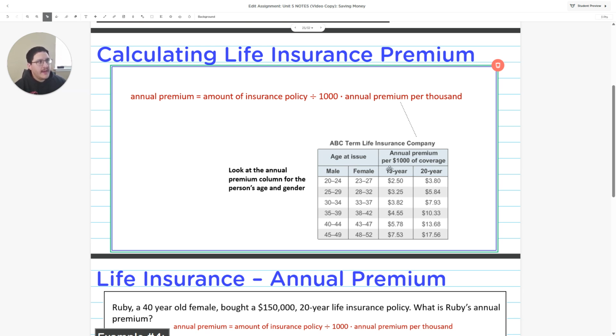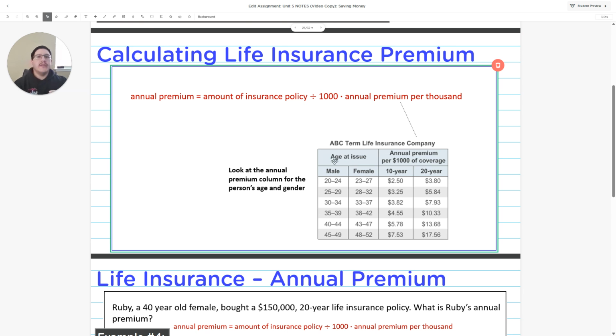We also have policies taken out for 10 years and for 20 years, with two different prices. This is the annual premium per $1,000 of coverage, hence why we divide whatever amount we're taking by 1,000 and then multiply that result by what we find on the chart.